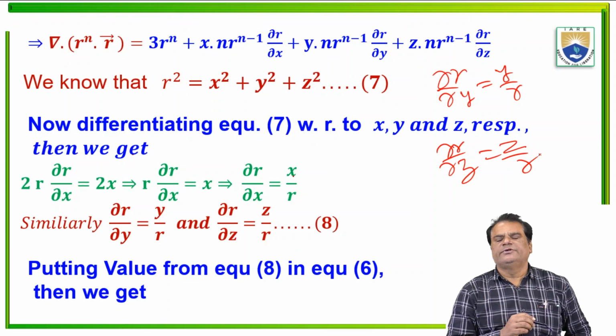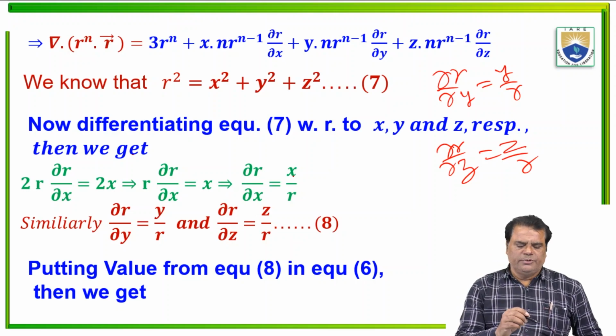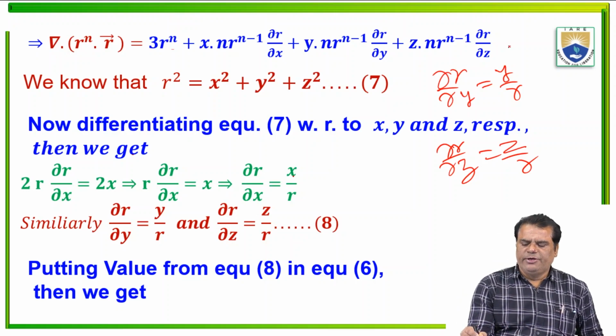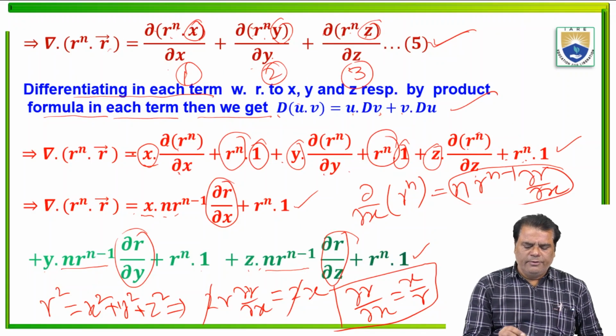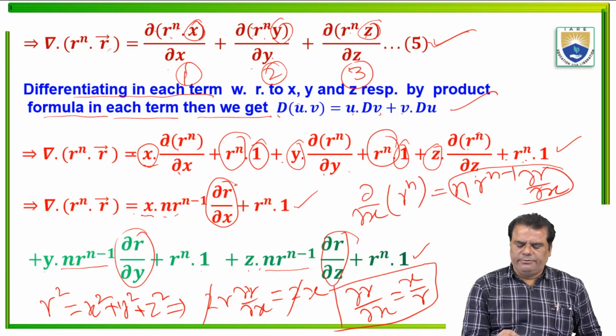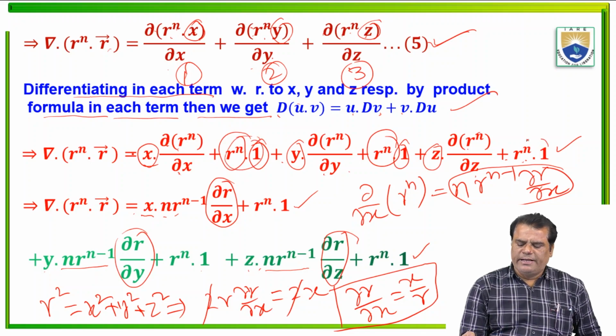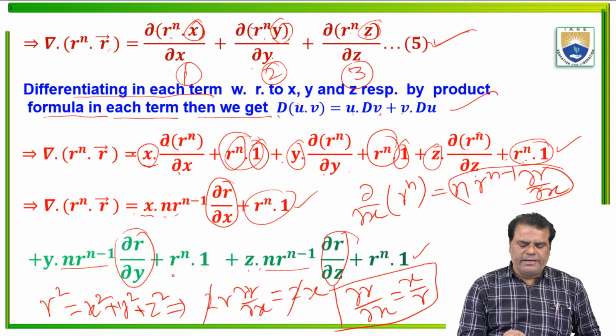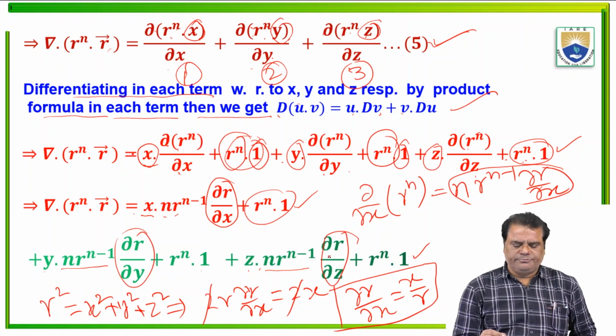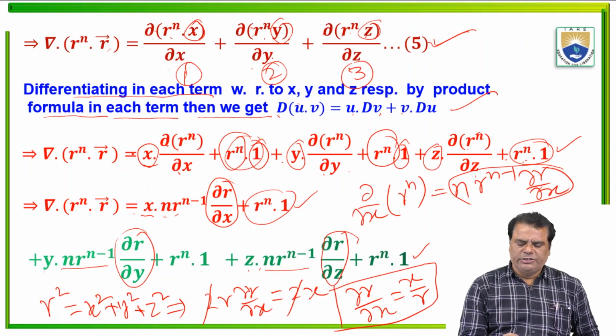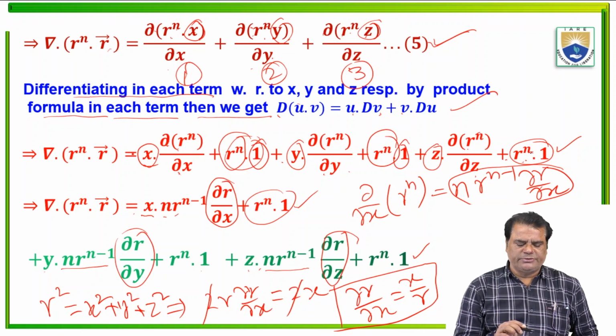Similarly, we can find the values. So now this is the same equation. Here we see that in the last equation r^n is in each term. So r^n is three times after adding this plus this and plus this.